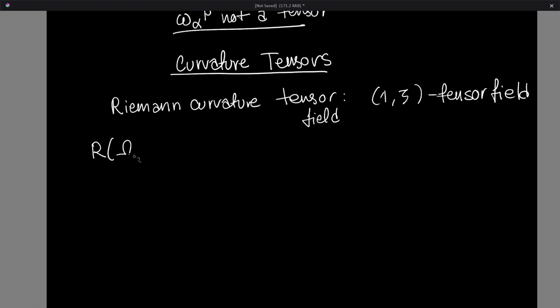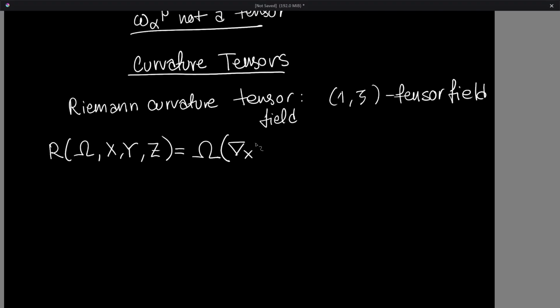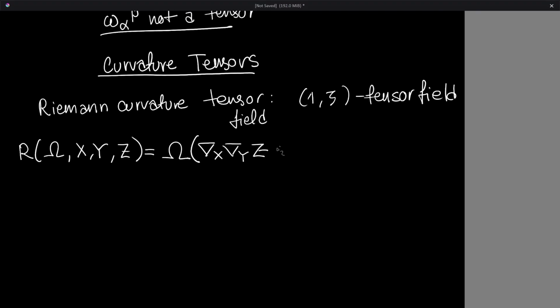So it looks like this. This definition is not going to be very explanatory, but we're going to do something about that in a little bit. Nabla y, nabla x. You may be able to see the pattern here emerging, or you might recognize this expression.